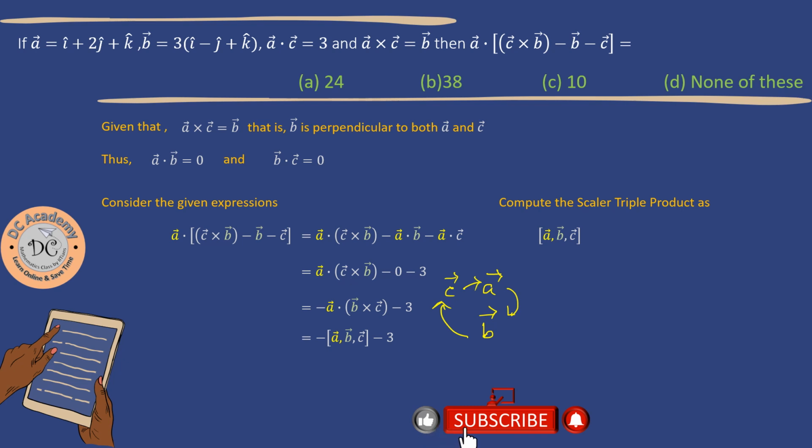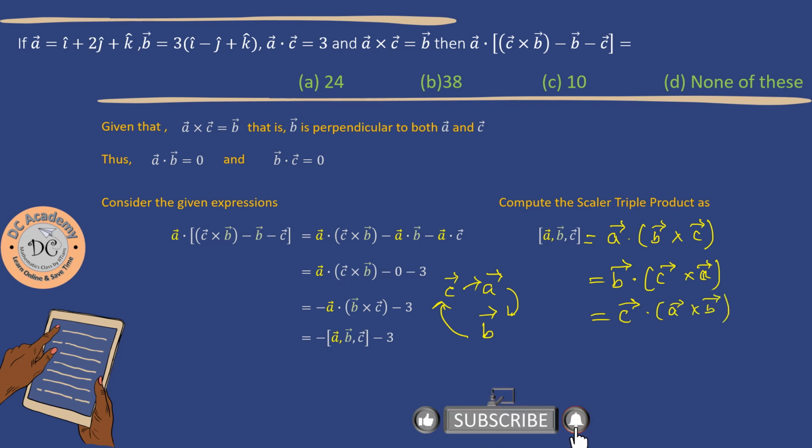A dot B cross C, or B dot C cross A, or maybe C dot A cross B. So the order should be maintained here. That's the easiest way to remember.